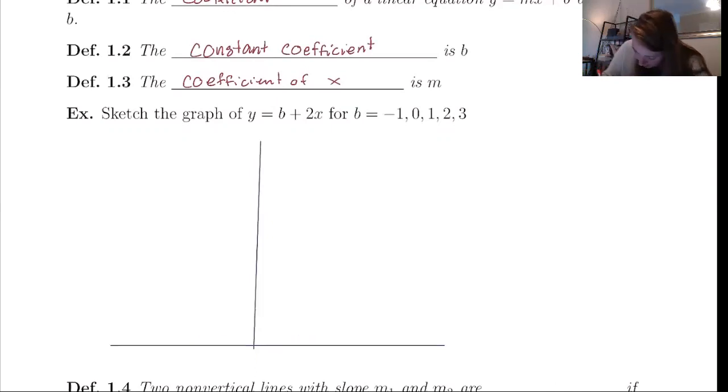So that's b of -1, 0, 1, 2, 3, 4, and so on, right? And this is where a beautiful rainbow will happen. All right, so when b equals -1, its slope is 2. So rise over run. So I'm going to rise up 2 and run over 1.